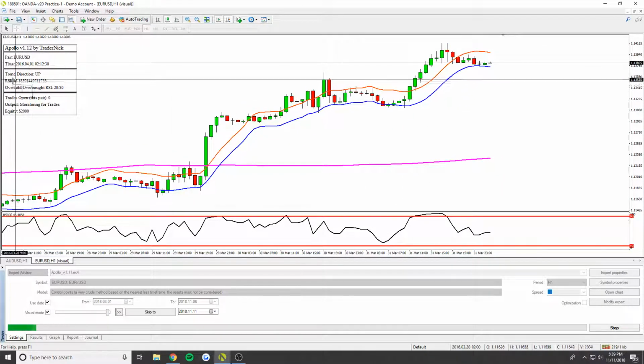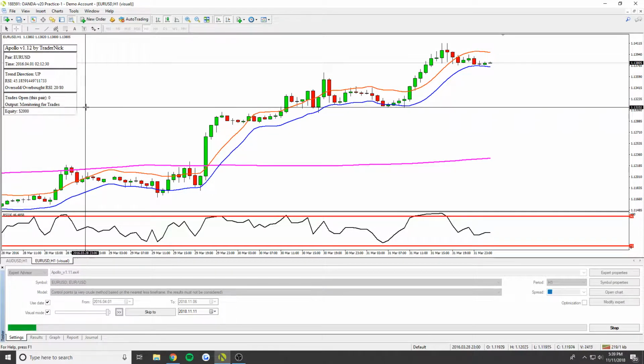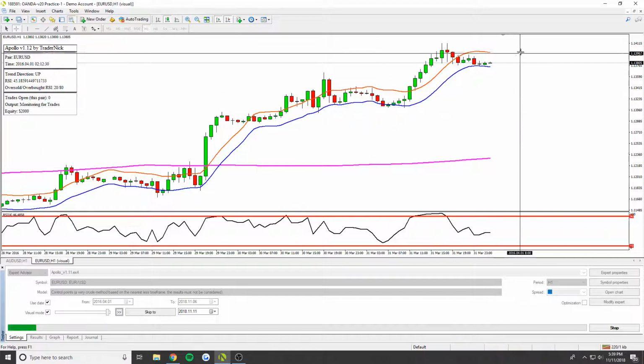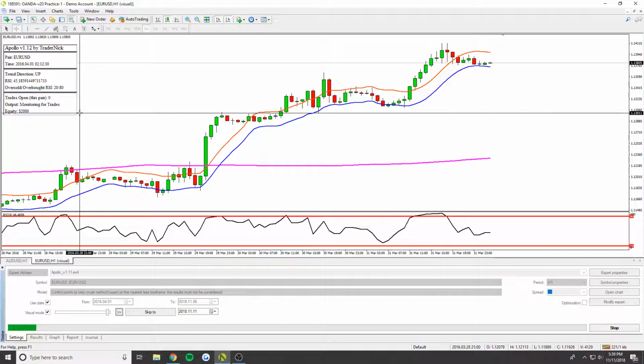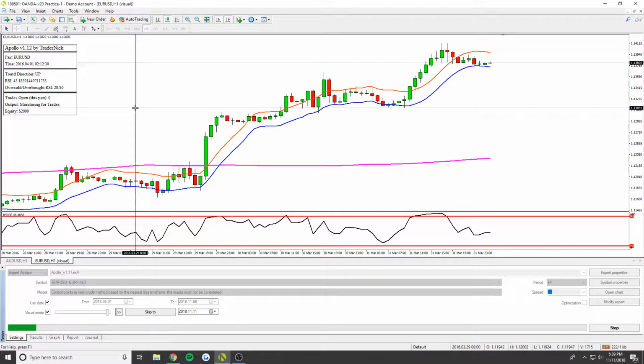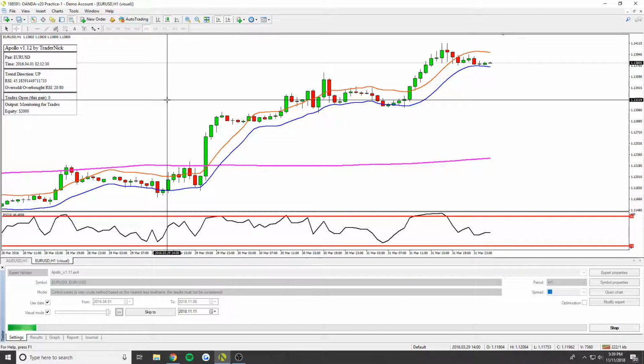You can see the RSI value, and how many trades you're in, as well as what's currently being done by the robot. You can see we're monitoring for trades. We're not in a trade yet. We're monitoring for trades, as well as your equity. So these things will update as the robot is working, so you can watch this panel to receive live updates from the robot.